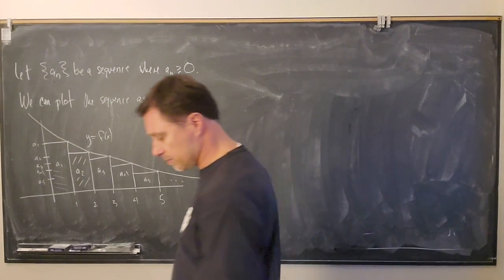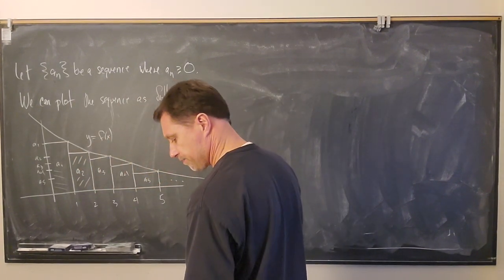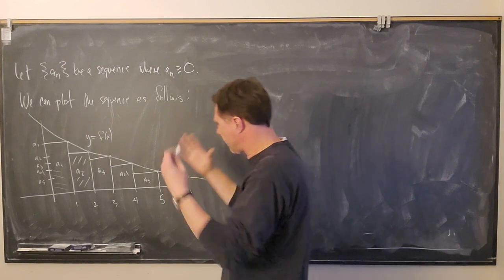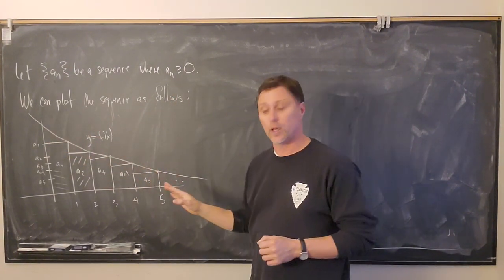So this leads to, well, let's write it like this. Here's what I want you to think: that we can correlate the series with an improper integral.